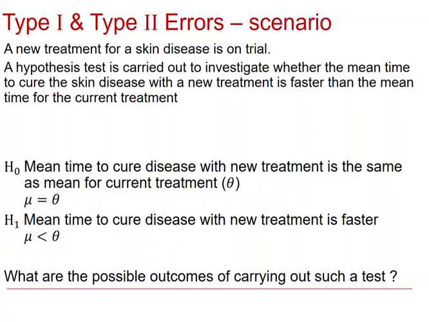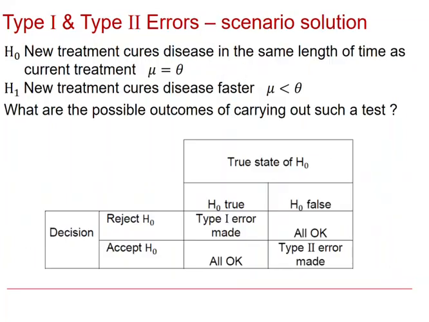What are the possible outcomes when we carry out this sort of test? So in reality, our null hypothesis is either actually true or it's false, and when we carry out the test, our conclusion may either reject the null hypothesis, so we're saying the null hypothesis is false, or we may accept the null hypothesis and conclude that the null hypothesis is true.